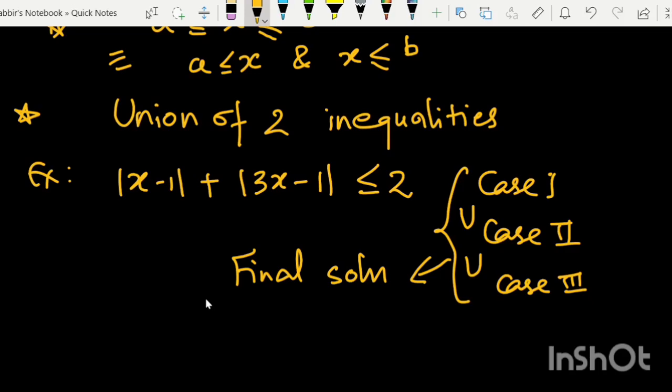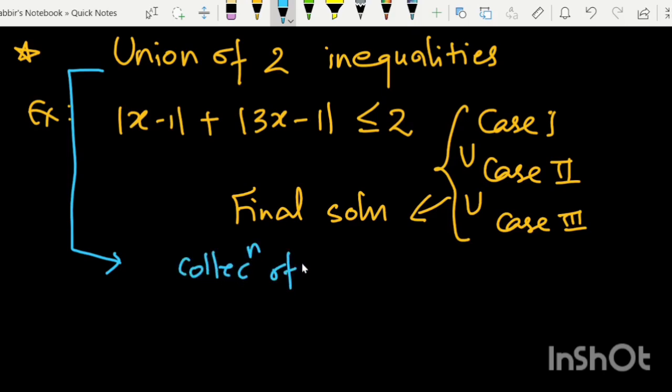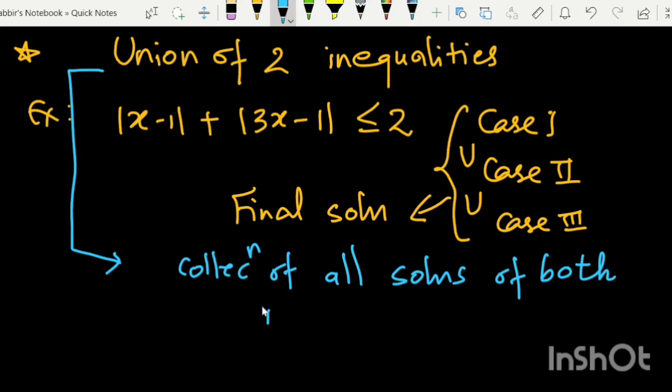Now, if you remember, what was the union of two sets? Union of two sets is basically the collection of all solutions of both inequalities, or if there are more than two inequalities, the collection of all solutions of all the inequalities involved in the union.